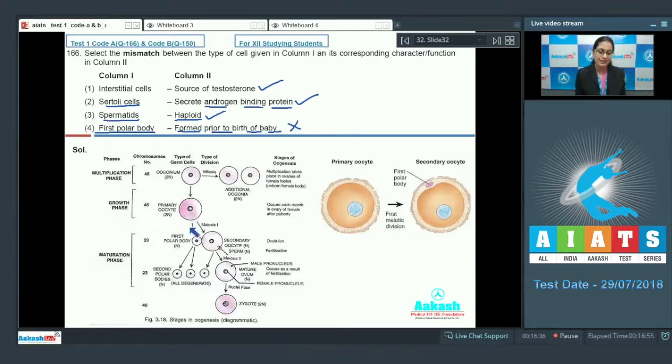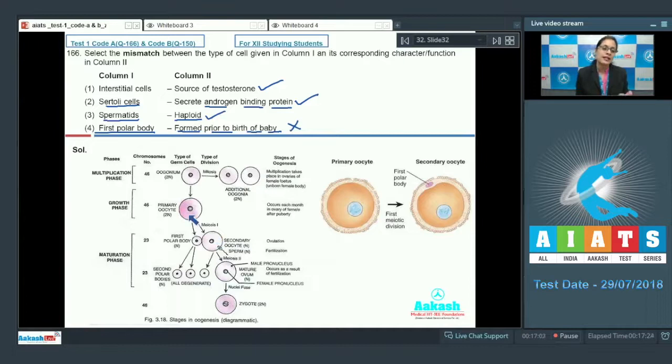As you can see in the stages in oogenesis, the oogonium, which multiplies in the ovaries of the fetus, will grow into a primary oocyte. And this occurs each month in the ovary of a female after puberty. And this primary oocyte, after meiosis 1, will produce the first polar body and secondary oocyte by an unequal division.